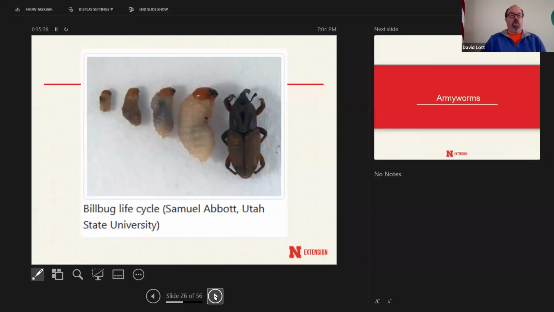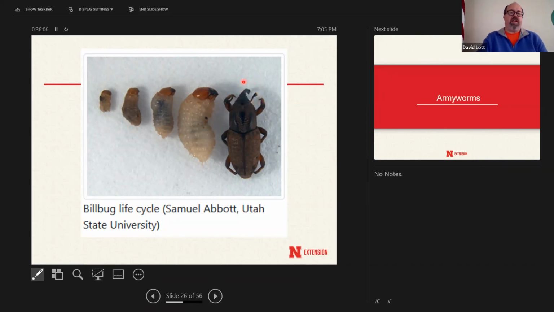And so this is what the life cycle looks like. They do look somewhat like a grub, but they don't have legs. Grubs have 3 pairs of legs, so you need to remember that. Always look to see if they have legs. Then they're going to develop, and they have a very interesting snout on the billbug.